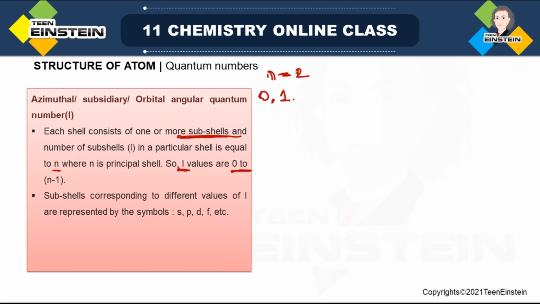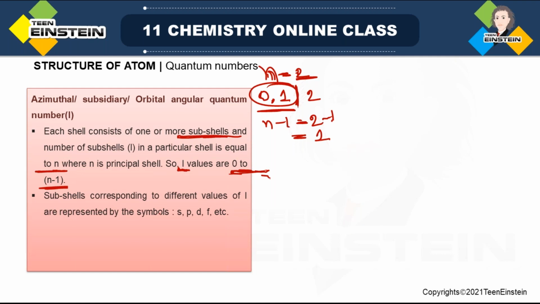Starting from 0, 1, only 2 values are possible, because the last limit is n minus 1, and n minus 1 is 2 minus 1. So the last limit is basically 1, so you have to stop here. So when n is 2, maximum how many values of l are possible? That is also 2. So that is what is written here, that the number of subshells in a particular shell is equal to n, because when you apply this 0 to n minus 1, you can check it yourself.